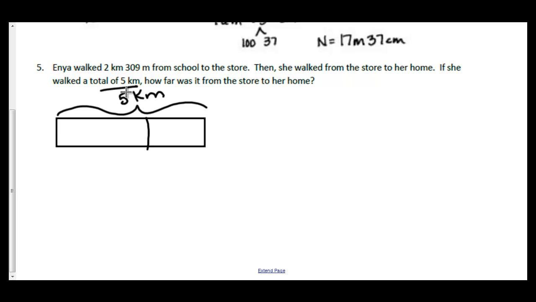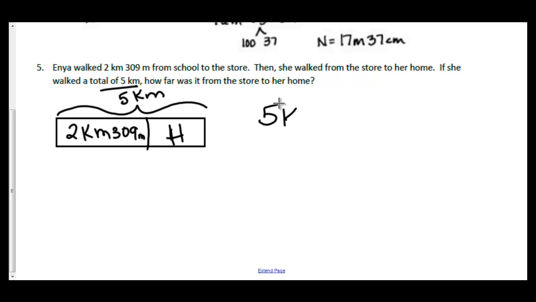So here's my 5 kilometers. And I know that she walked 2 kilometers, 309 meters from the school to the store, but I want to know how far she walked from the store to home. So I'm just going to call this H. I could just call it a question mark. It means the same thing. It just means I'm trying to figure out this part. So if I know the total, and I know this part, but I need this part, that means I'm going to use subtraction.